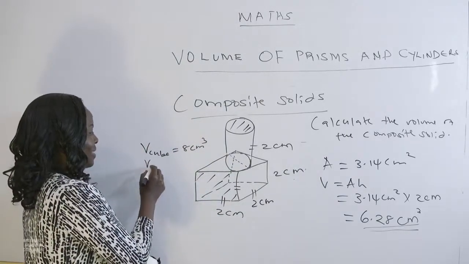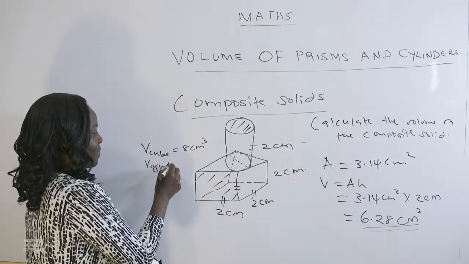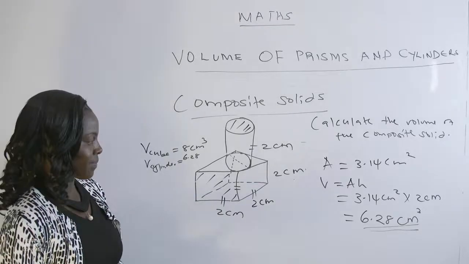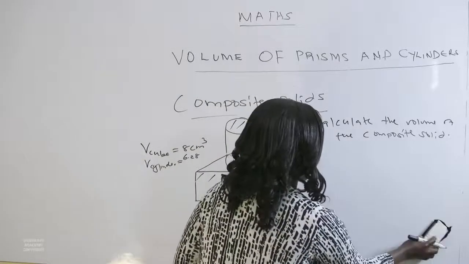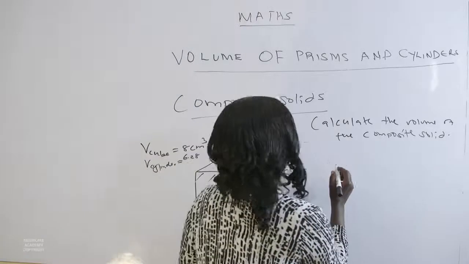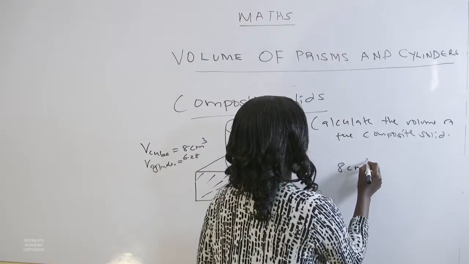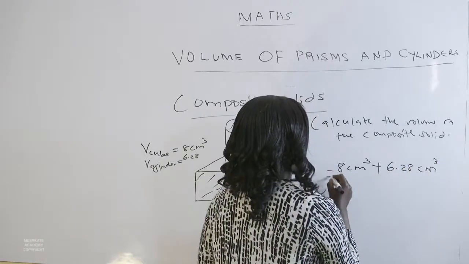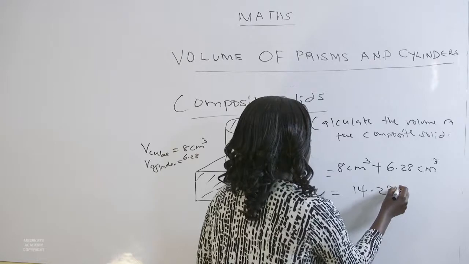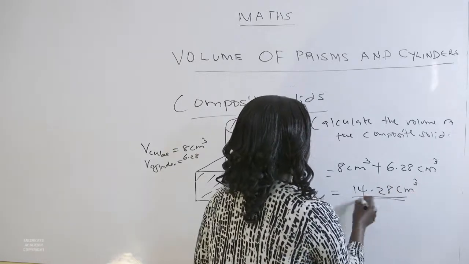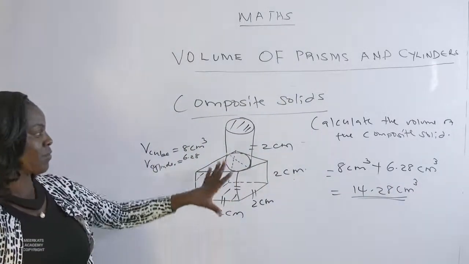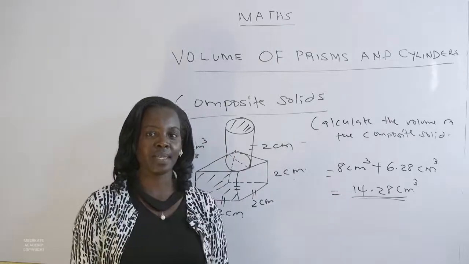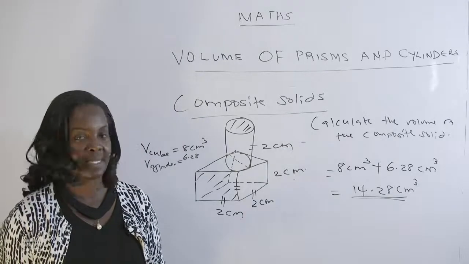So the volume of the cylinder is 6.28. If we add them together, the total volume of this composite solid is 14.28 cubic centimeters.